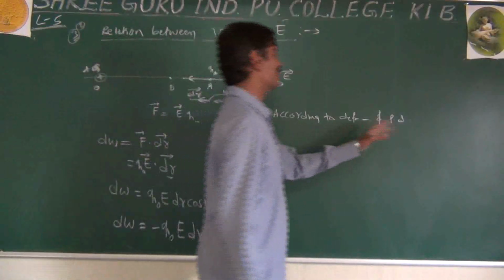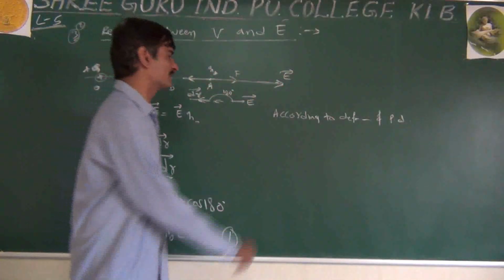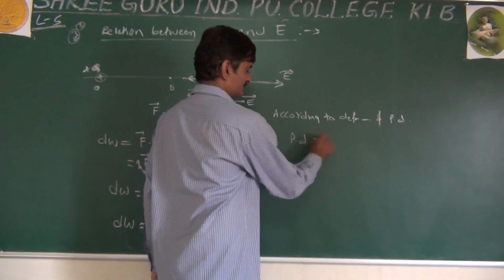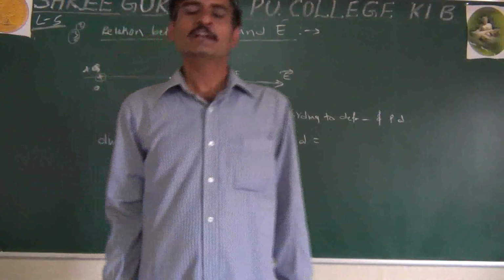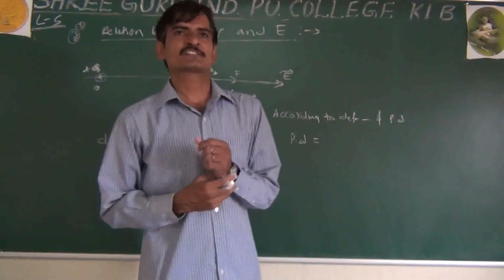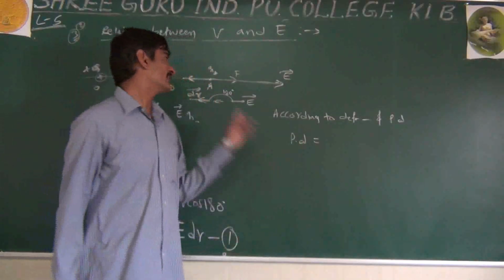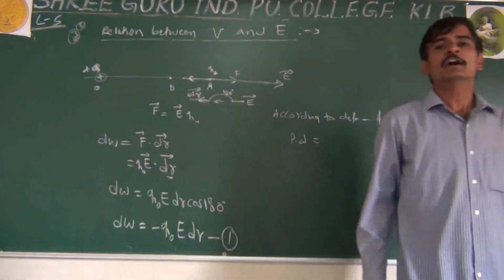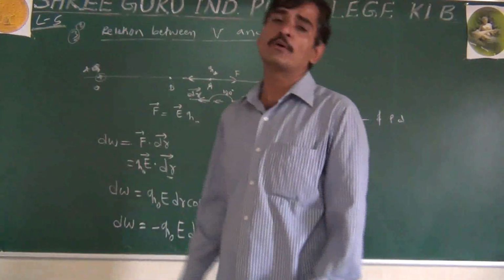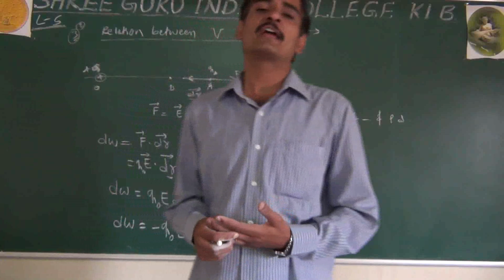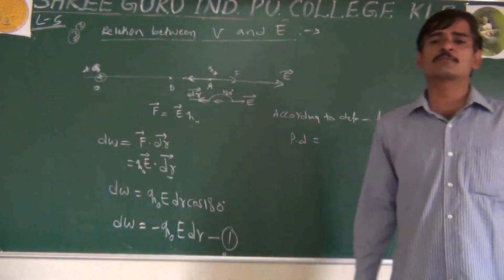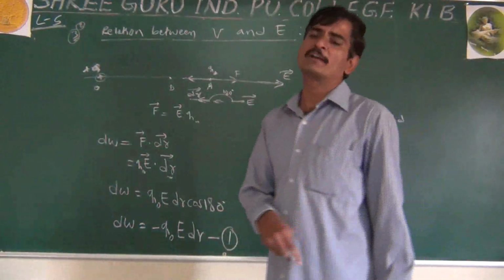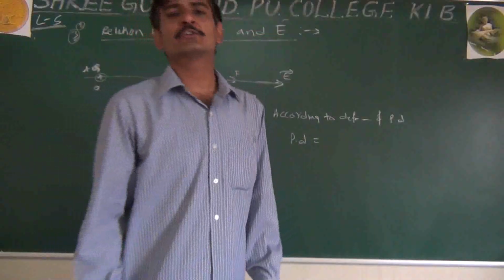According to the definition, the potential difference between 2 points is defined as the ratio of work done in moving a charge from one point to another point to the magnitude of the charge.